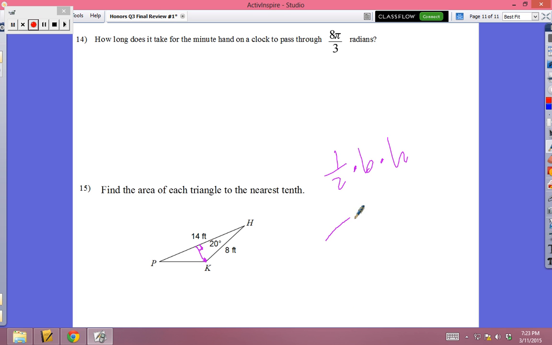Now, I am looking at this triangle right here that's got 20 degrees, and there's the 90 I just drew, and this side is 8. So if I call this my altitude, this 14 is the base. So 14 is going in for the base. And my altitude is this piece right here. That is what I need.